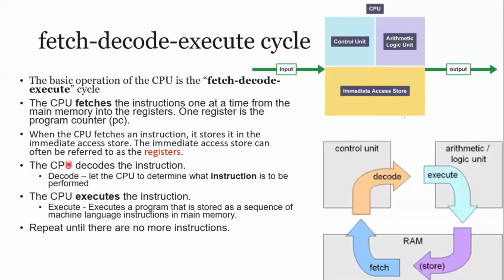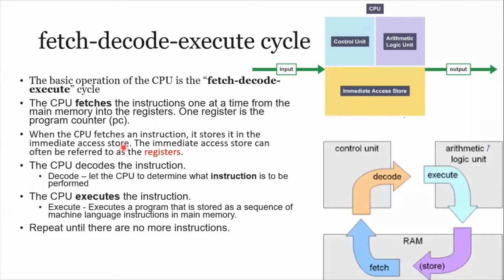Now, what's the story behind this? The CPU fetches the instructions. It extracts one instruction at a time from the main memory into the registers. Then it stores it for immediate access. Think like you want to process a lot of data. If there's a time difference between the main memory and the CPU, even a 1 picosecond difference, your computer will get a little bit slower.